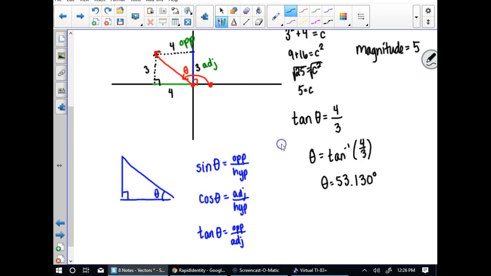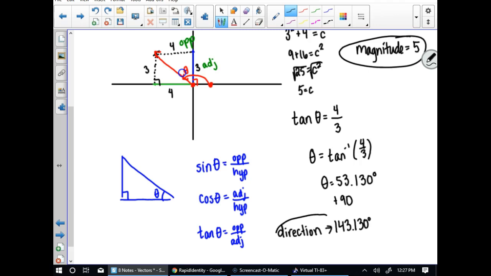But that's not my answer. That's not my direction, because that's just this part right here. I want to start from the positive x-axis and go to that, so I'll have to add 90 to it. When I do that, I'll get 143.130 degrees, and that is my direction. So we have magnitude is 5, direction is 143.130.